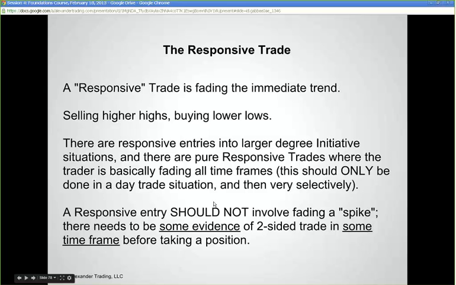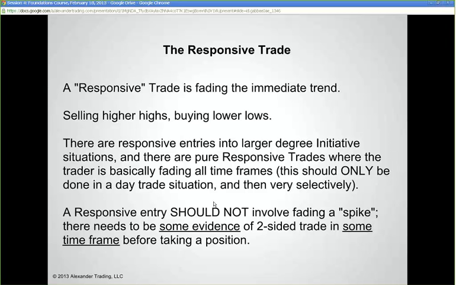Now, you can have a responsive entry, and we do this a lot. Troy and I talk about this a lot. Both of us like to take this trade, where you can identify a smaller degree balance area and a larger degree structure.